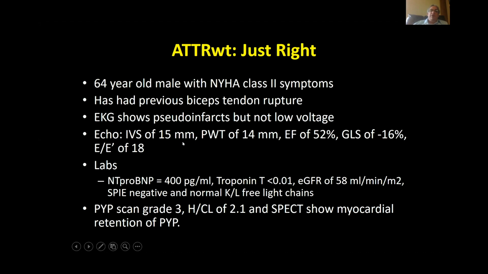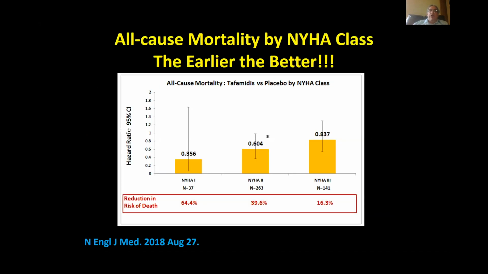I would suggest that it's a real mistake to delay therapy in an individual like this with proven wild-type disease while their BNP climbs. And probably one of the most underappreciated, underreported aspects of the ATTR-ACT trial that Jeff Kelly elegantly described earlier in the week is this analysis in which, of 441 people enrolled in the trial, as you can see, we only identified 37, so less than 10%, who were NYHA class 1.